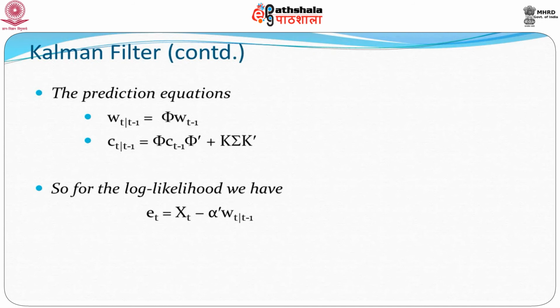This is equal to (I, alpha prime) Wt plus (Wt given t minus 1 minus Wt, epsilon t). You can see that for the first set involving Wt given t minus 1, on the left hand side you have the small w. This is basically an identity, because on the right hand side the first term would be Wt, and then you have small Wt given t minus 1 minus Wt, so that actually negates each other out.